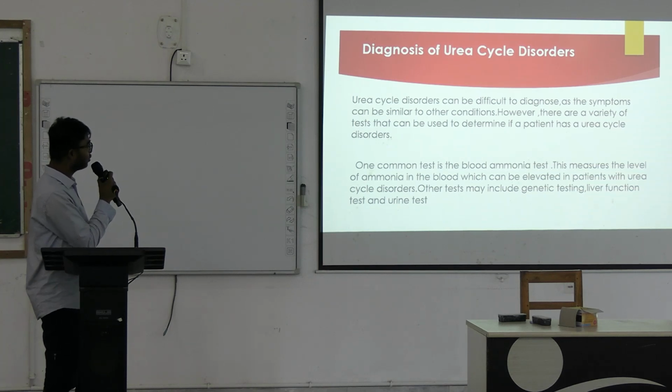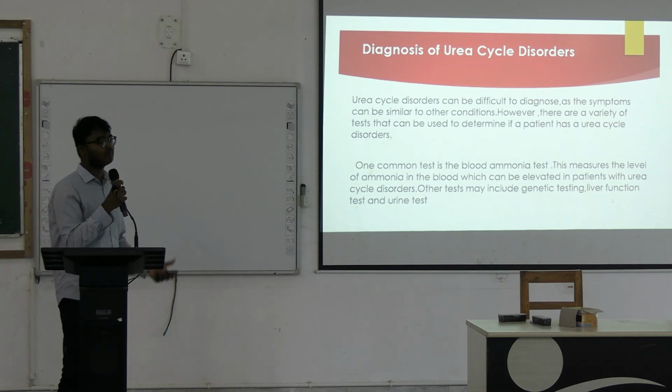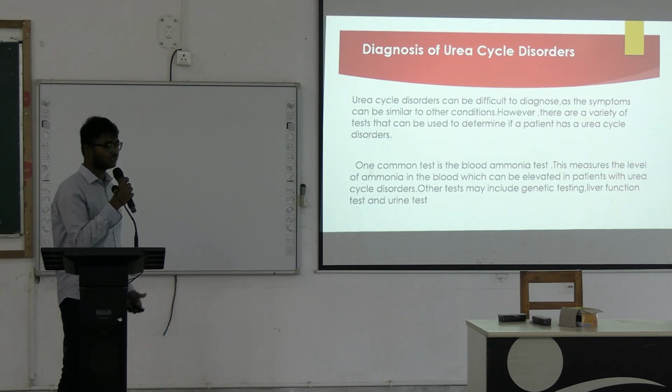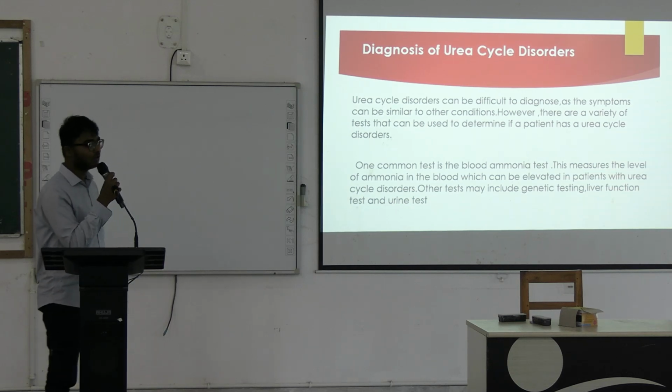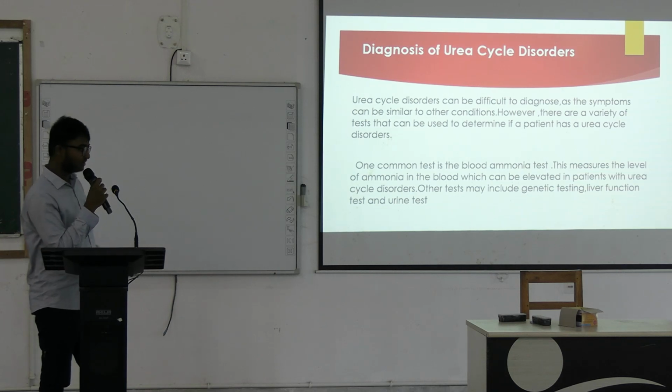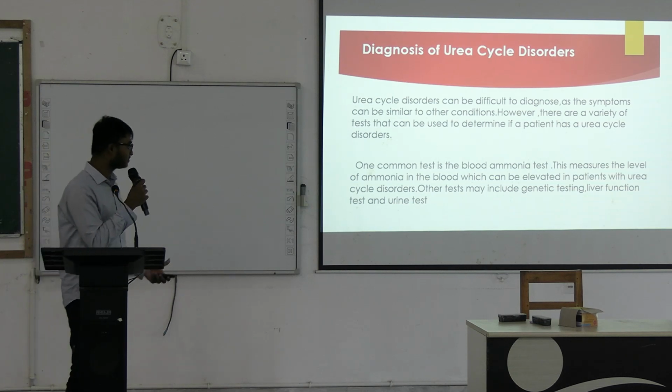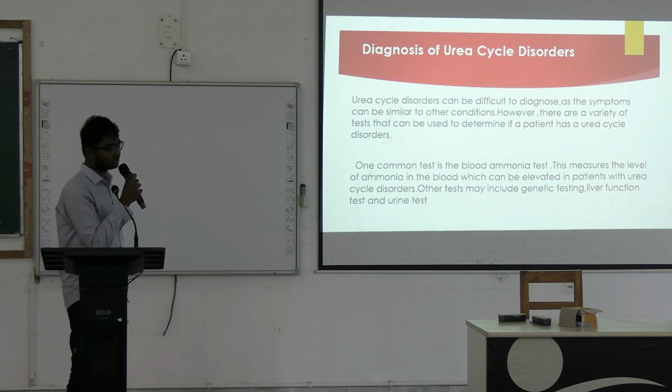Other tests may include genetic testing, liver function tests, and urine tests. Also, in modern biochemistry, urea cycle disorder can be diagnosed by tandem mass spectrometry, a modern technique that is more sensitive and more specific.